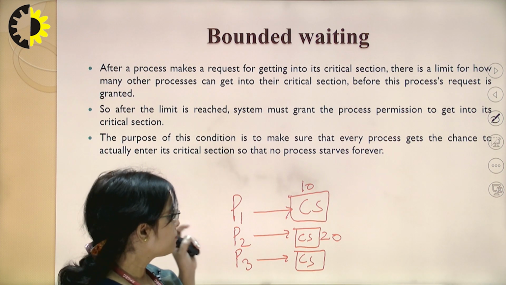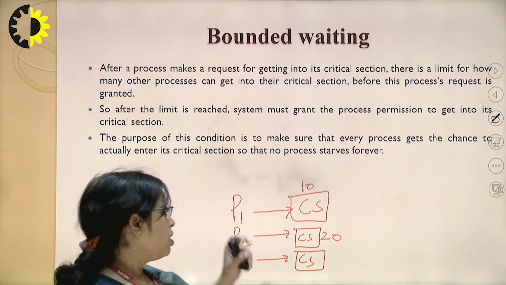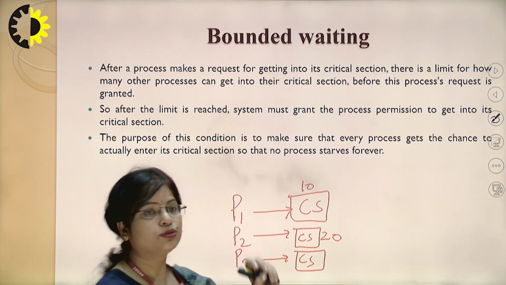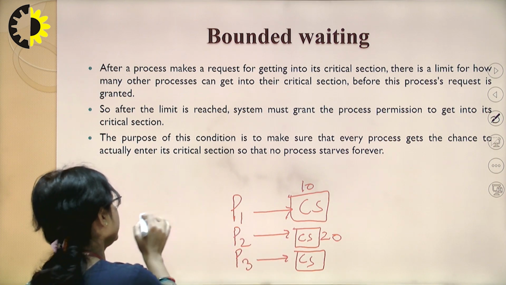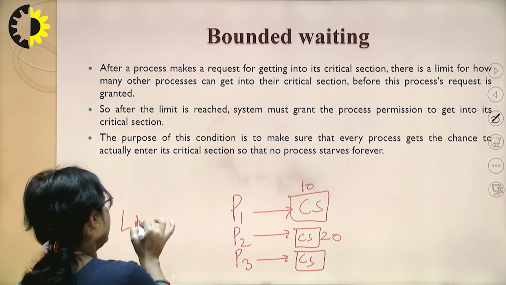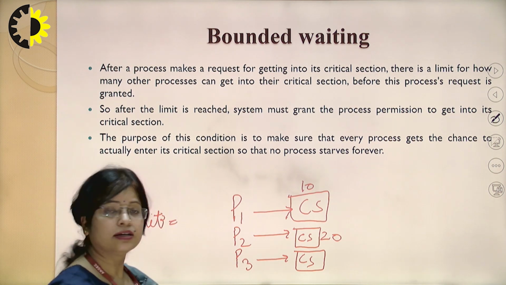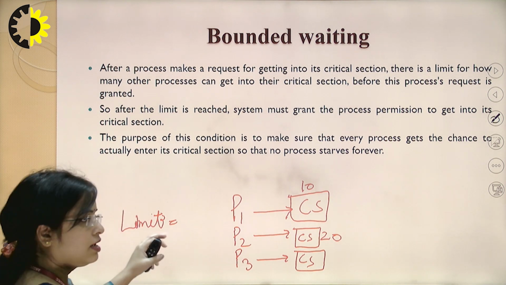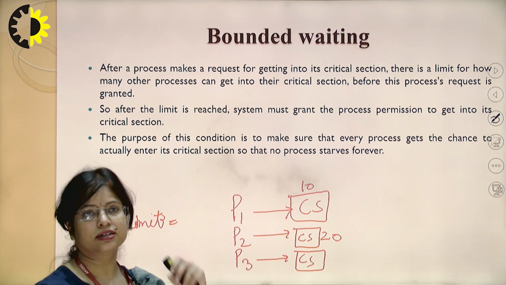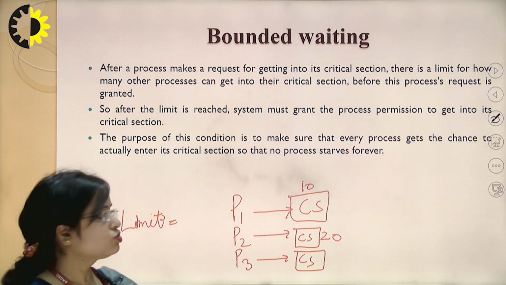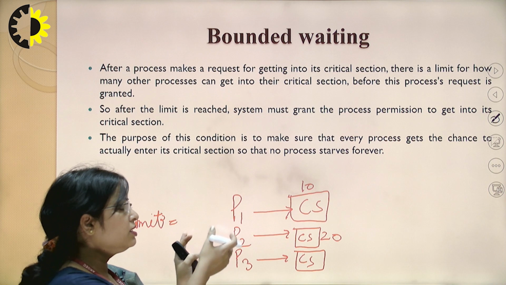So bounded waiting means we have to set some limit on how many times processes can enter the critical section, so that all the processes have a chance to enter. This is bounded waiting. We bound the limit of waiting to enter the critical section.